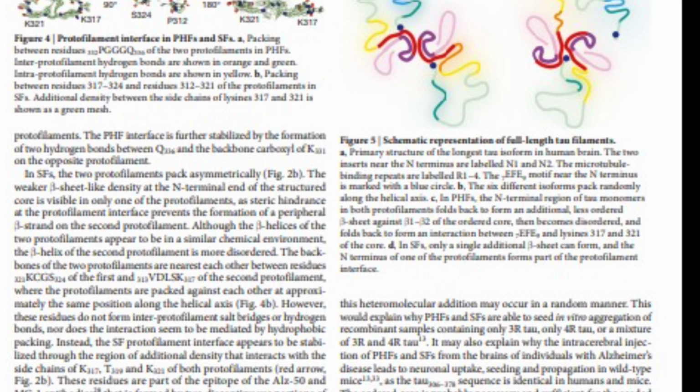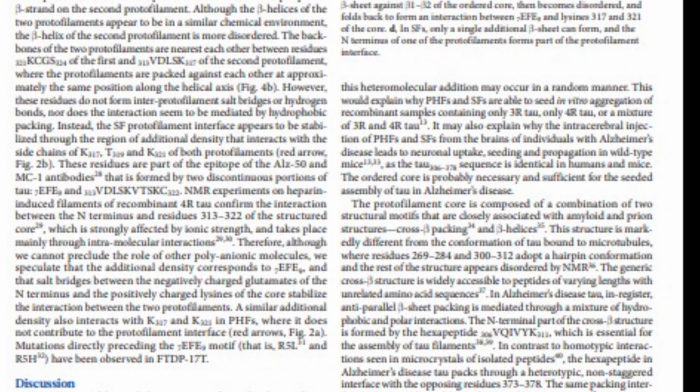The backbones of the two protofilaments are nearest each other between residues 321 KCGS 324 of the first, and 313 VDLSK 317 of the second protofilament, where the protofilaments are packed against each other at approximately the same position along the helical axis, figure 4b.